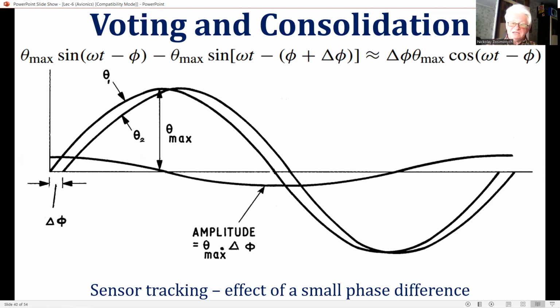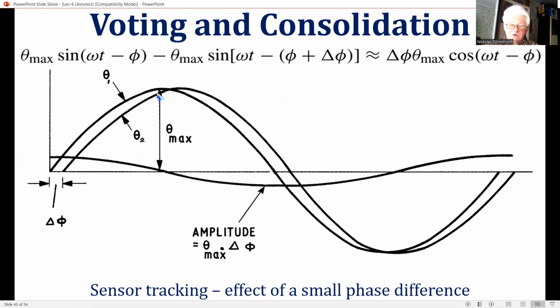Let theta 1 and theta 2 be the two sensor outputs measuring an input quantity theta. The first sensor having a phase lag psi, and the second sensor having the phase lag psi plus delta psi. And assume, for simplicity, that both sensors measure the peak amplitude theta maximum without error. Look at this on the graph.